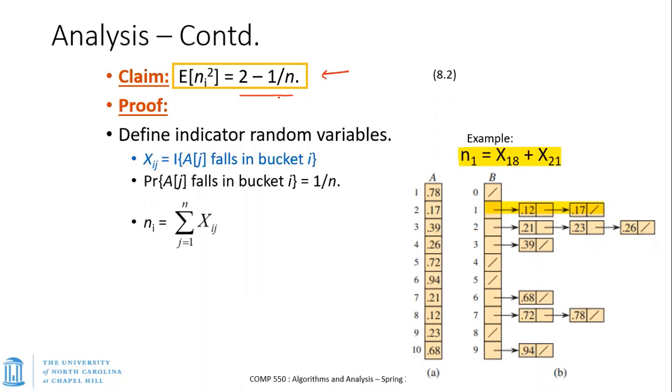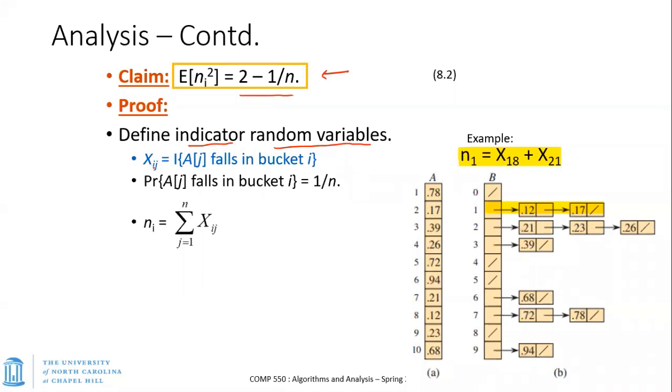It does depend on n sub i, but it depends on it inversely. So that's a nice property to have, but we need to prove that. So let's take a quick look at the proof, and then we're going to use our favorite indicator random variables. You thought it would never come up, but yes, it does come in.